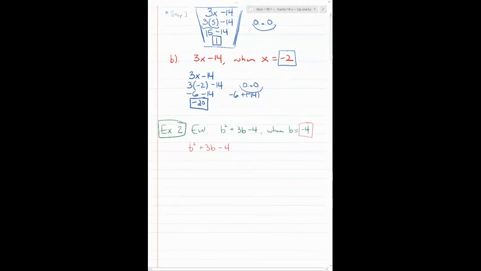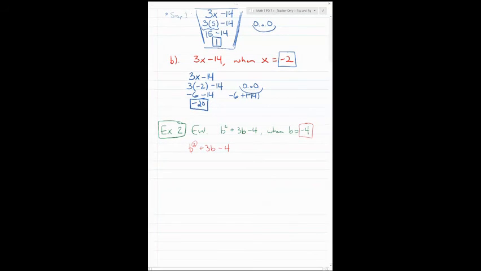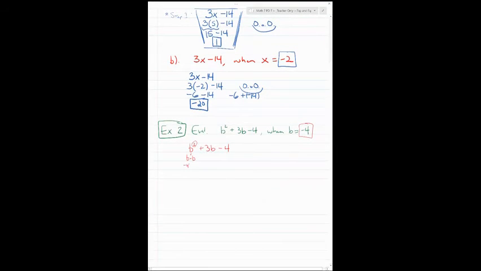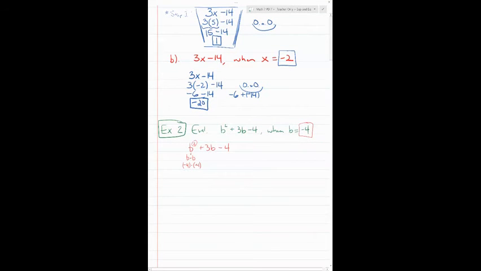And now we're going to substitute negative 4 in wherever we see a b. Remember that your exponent means that you're going to multiply this thing by itself. So this is b times b, which will become negative 4 times negative 4. So that'll be your first term.